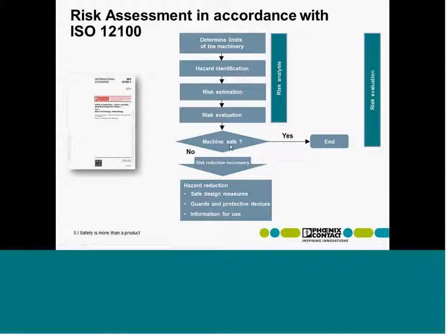If you have to say no, I have to do something, I have to put some things into the design concept, then you'll be in the risk reduction procedure, and that is in principle the next part of the process. You all agree that zero risk is never achievable. So in the end, we have to deal with the so-called acceptable residual risk. That is the part of the assessment you are doing for your machine.